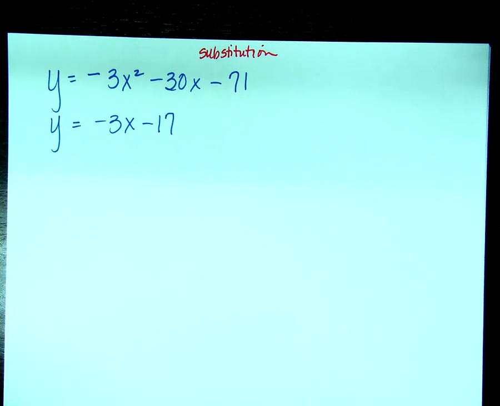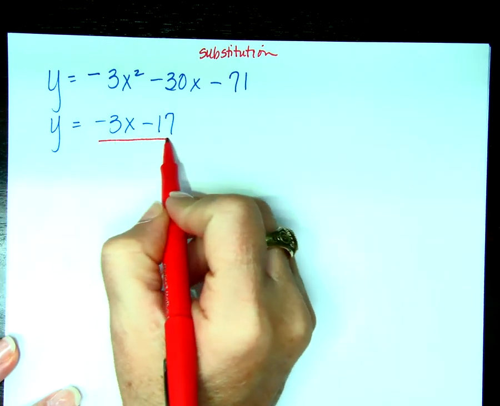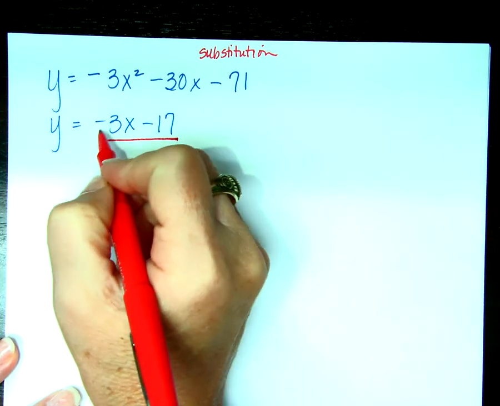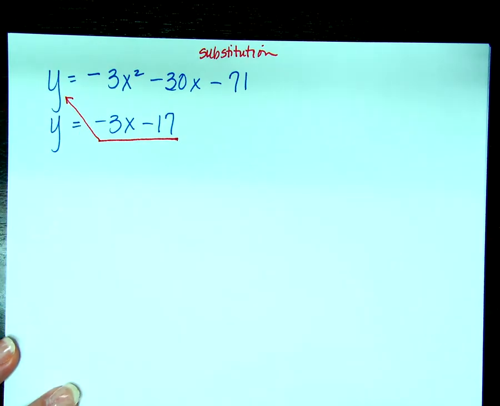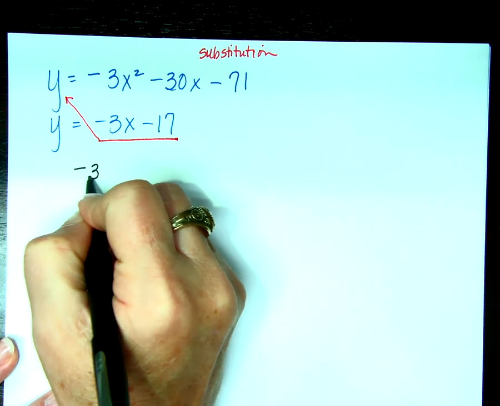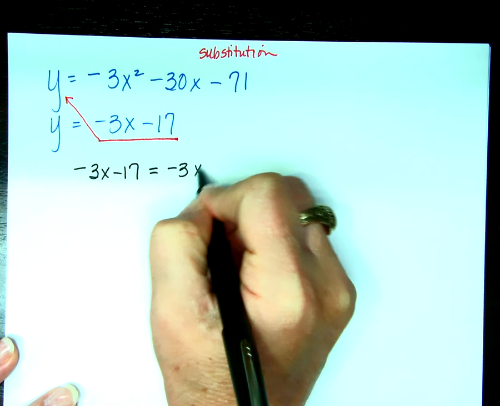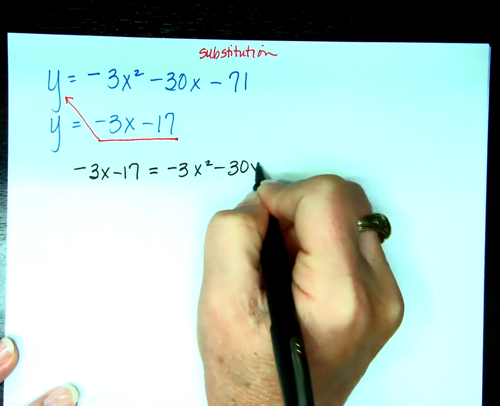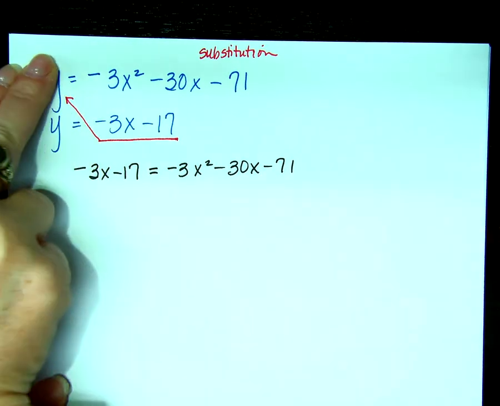Plug something in that I know into the other equation, right? Don't I know that y equals this? So can't I take this and plug it in right there? Wouldn't that be our substitution? So then it would become negative 3x minus 17 equals negative 3x squared minus 30x minus 71. Does that make sense? I took this and plugged it in right there.